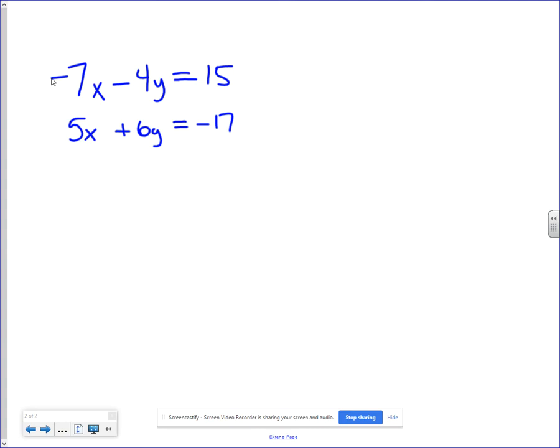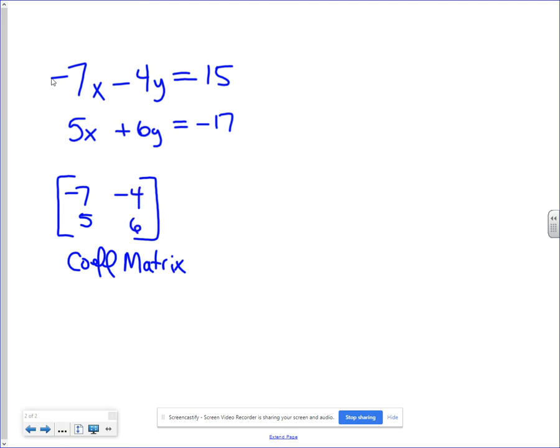So what I want you to do first is rewrite this system of equations as a matrix equation. You do that by taking the coefficients of your variables and putting in the first matrix. This is called your coefficient matrix. Okay? The x coefficients go in your first column, so negative 7 and 5. The y coefficients go in your second column. And you're going to multiply that by another matrix.